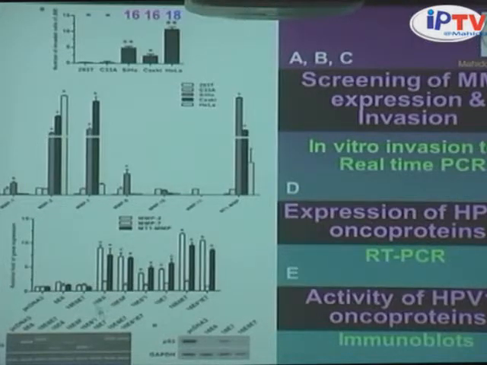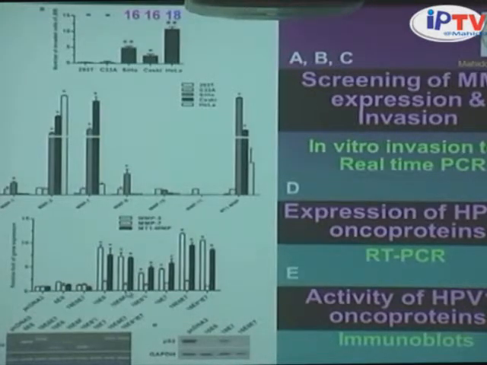And you can see that type 16, whether present as a single form or combination form, all forms of the HPV oncoproteins can upregulate MMP2 and MT1, but not MMP7.